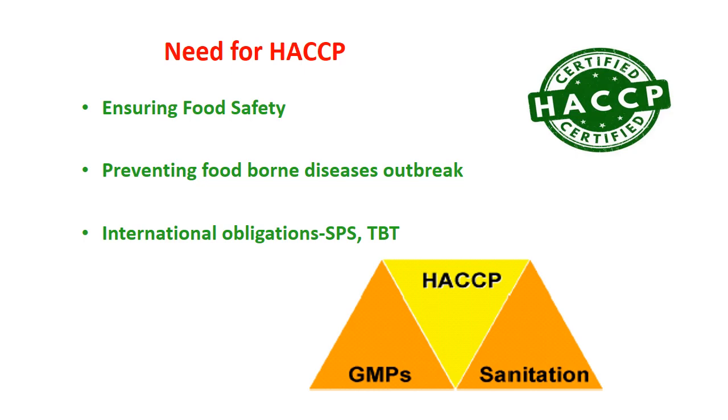SPS is sanitary and phytosanitary requirement. So this is pertaining to all pathogens, microorganisms and all that. There is a strict control, so that has to be complied with. And secondly, technical barrier to trade. So this is another clause related to trade and export, that also we have to comply with. That's why we need to comply with HACCP.